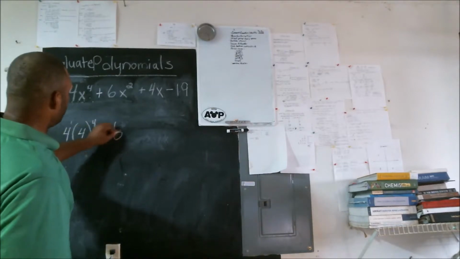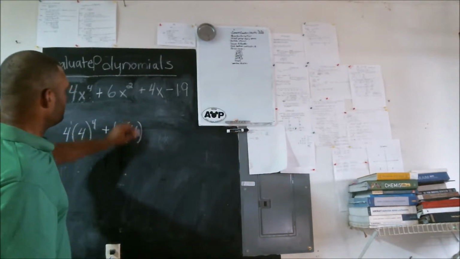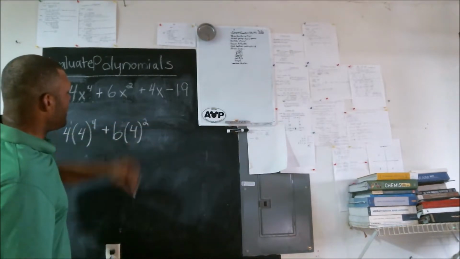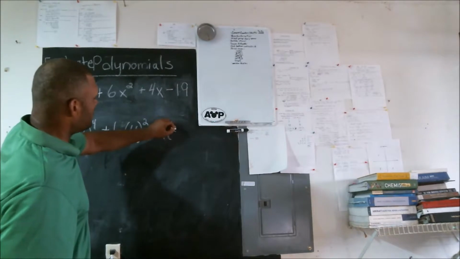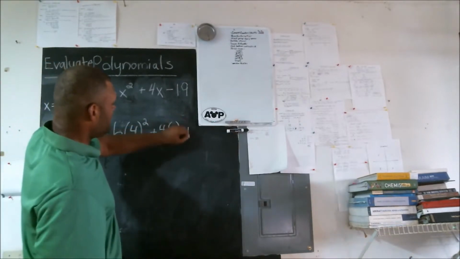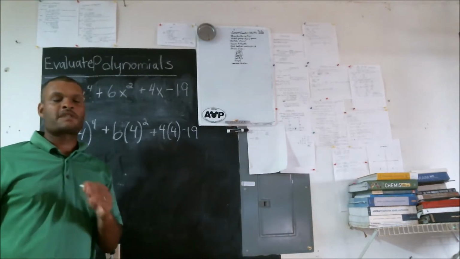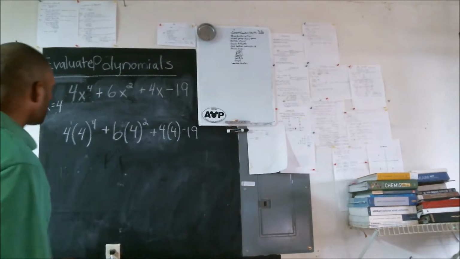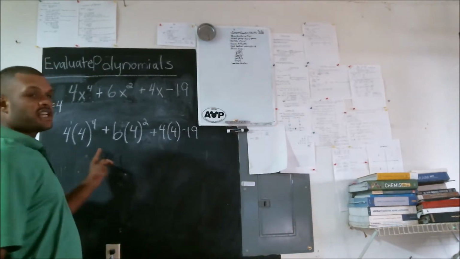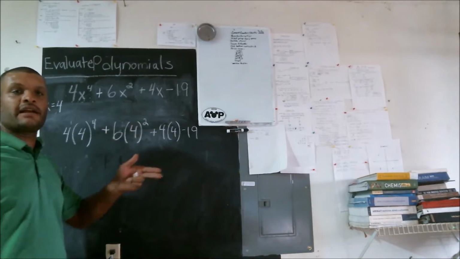Plus, carrying on, plus 6 times 4 to the 2nd power, plus 4 times 4, minus 19. You need to do this to every expression that you try to evaluate. This is the expression that you want, and this keeps it all in order. So this should be the next line item on the paper.